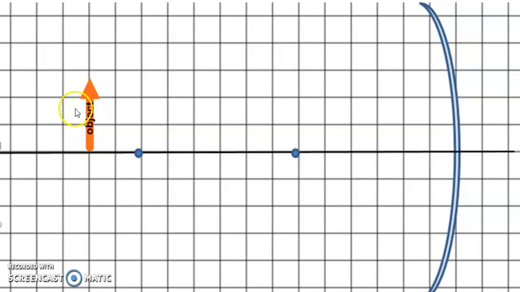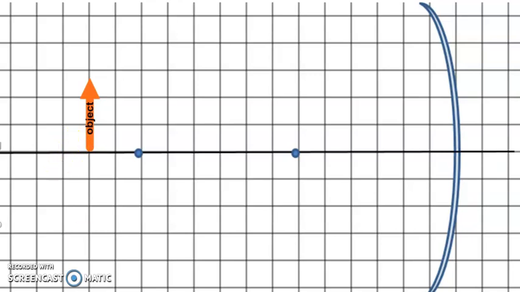But the higher that you make your object, your drawings can get a little bit wild. And if it's really short, then you're going to find that you can't tell where lines are crossing for your image. So that's the whole idea, is to figure out where our image is, if it's going to be real or virtual or upright or inverted.